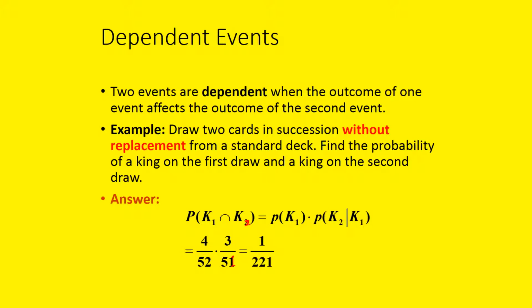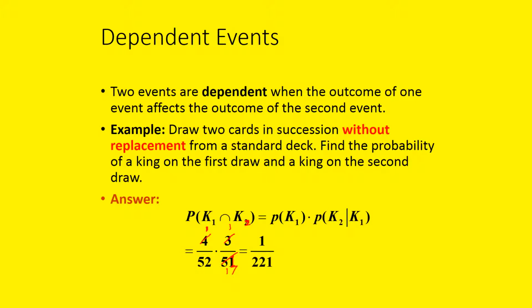And so multiplying 3/51 by 4/52, of course we multiply across, right? 4 times 3 are 12. 52 times 51 is a big number. Of course 3/51 reduces to 1/17. So that might be, and this is 1/13.